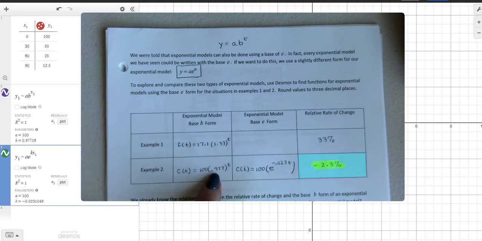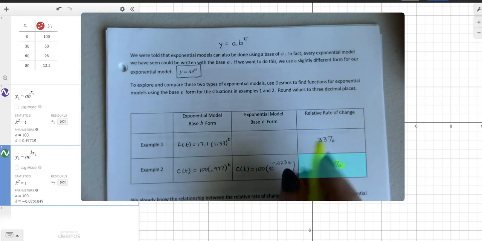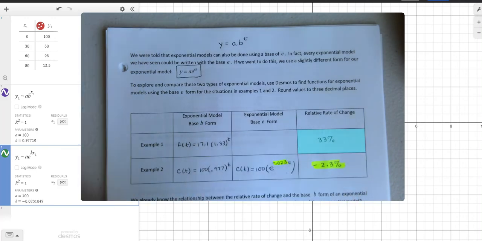We know how to calculate it from here, right? We just turned it into 97.7% and subtracted the 100%. But notice in the e form, it's actually right up there in the k value. If you changed negative 0.023 to a percent, you would get negative 2.3. So one advantage of using a base of e is our relative rate of change is actually easier to see. It's really obvious.